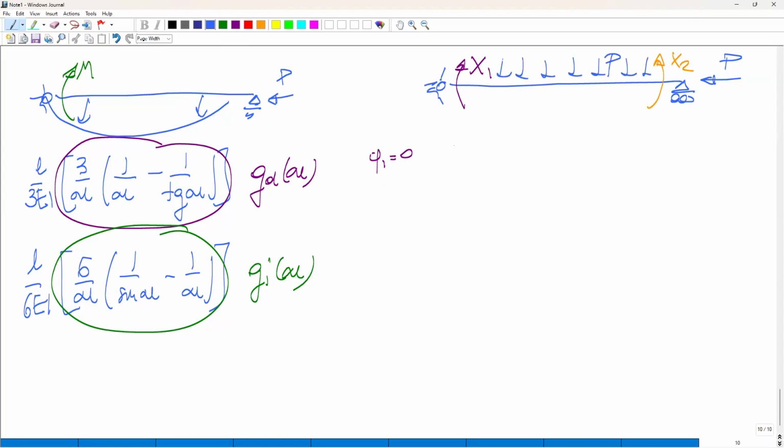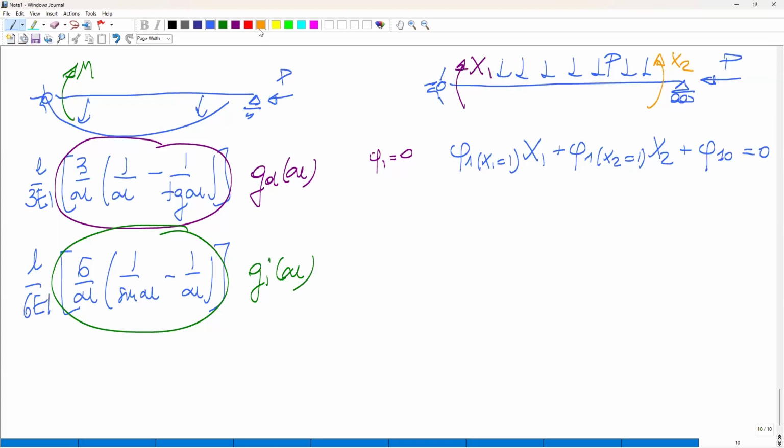Well, phi1 has a component due to X1, a component due to X2, and a component due to the external loads that we denote as phi1 0. All clear?